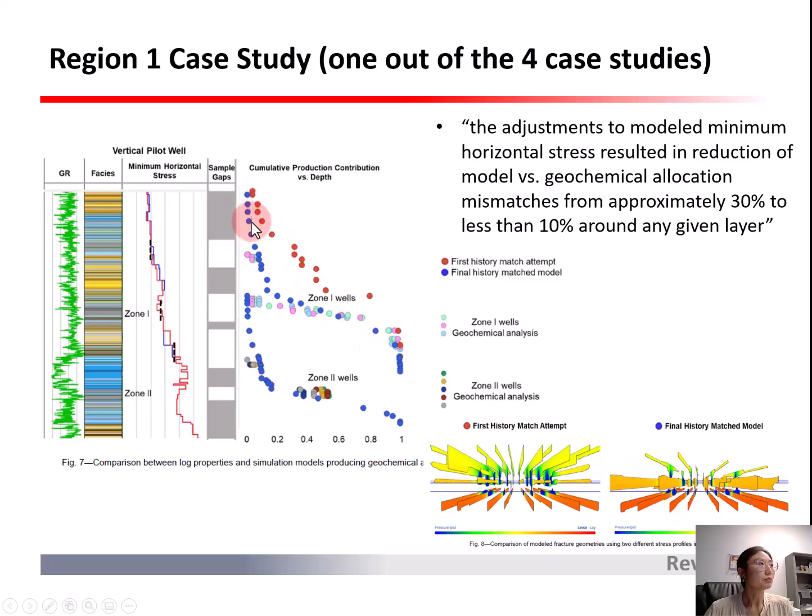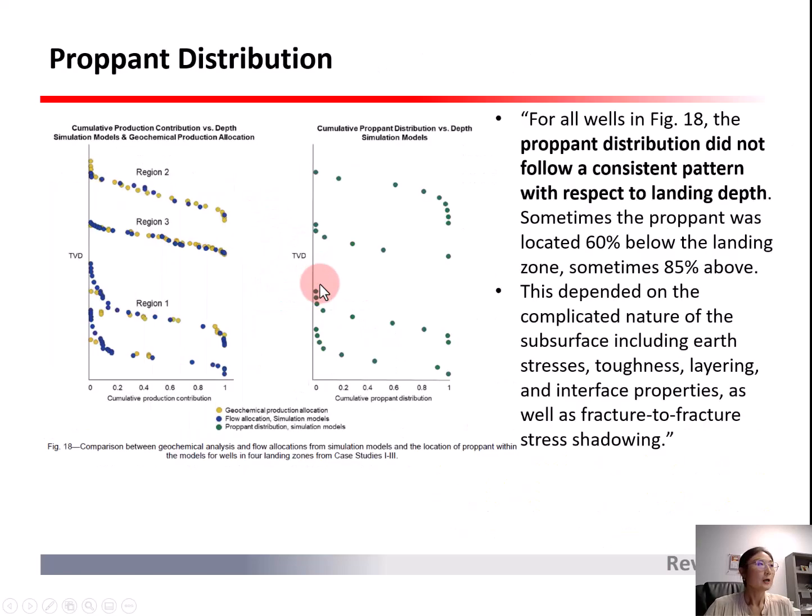So the blue is the final match from the original, which is the orange. With the matched model, between the yellow, which is the geochemical data, and the blue, which is the matched model, we can start to interrogate and see what are the key controls to productivity, right?